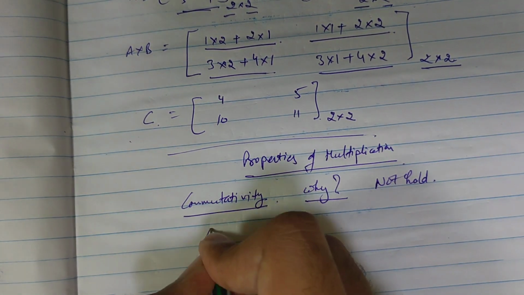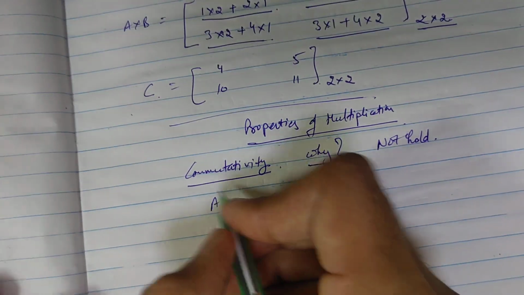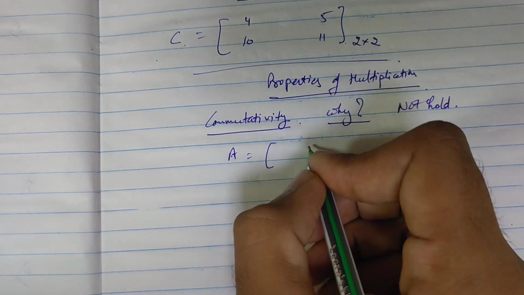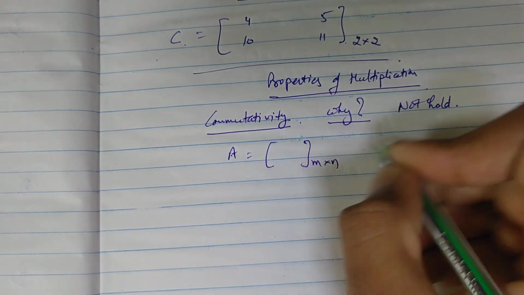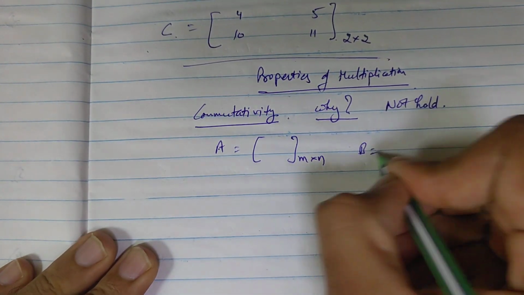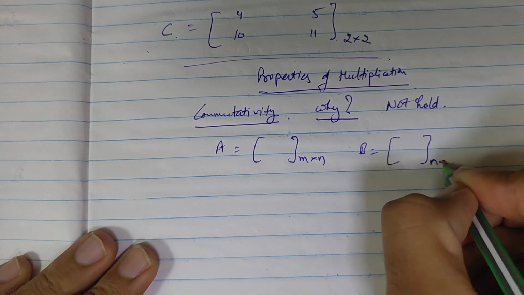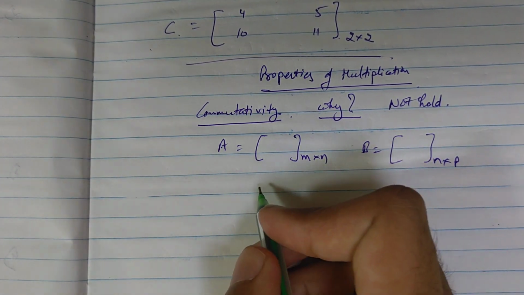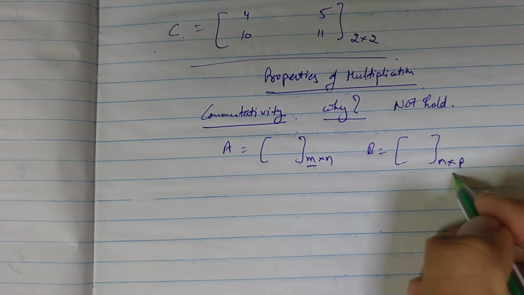Because suppose we have two matrices, A is equal to, suppose this is M cross N order, and B is equal to N cross P. Okay, so now M and P are different.